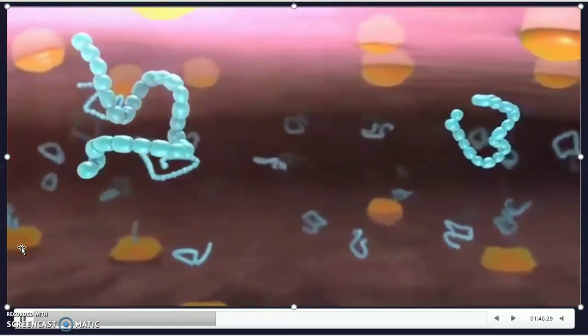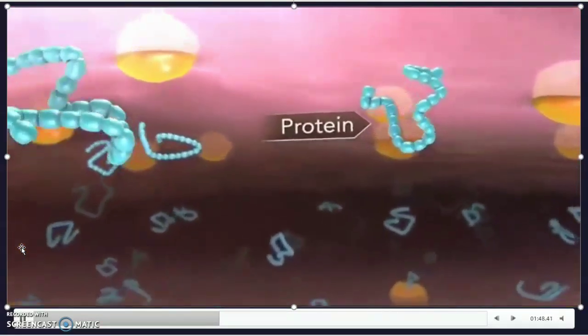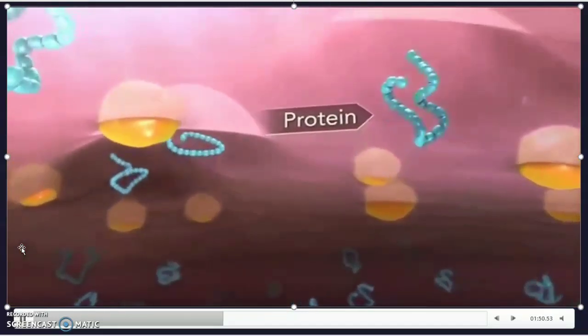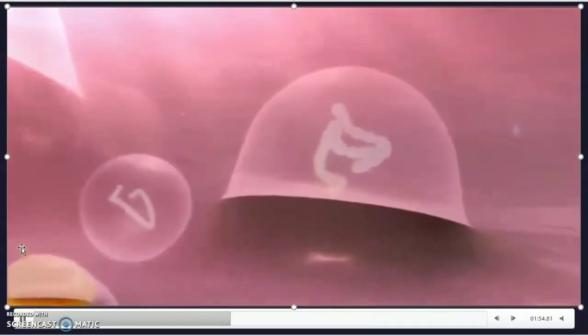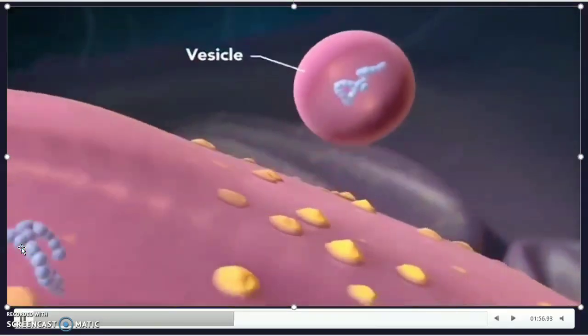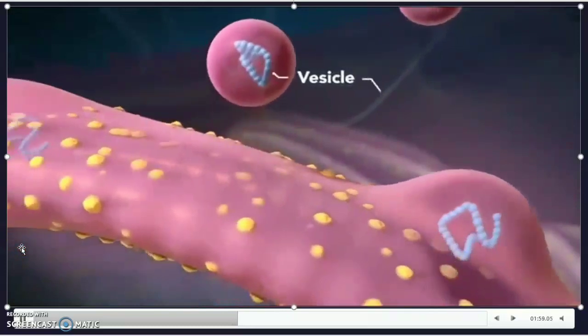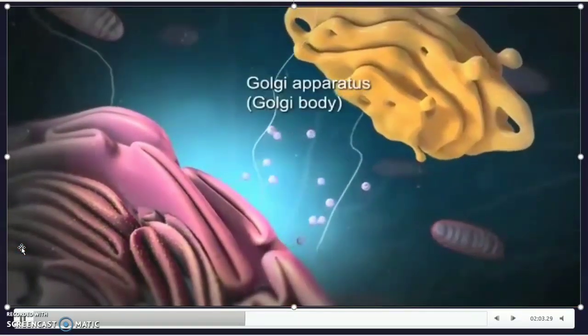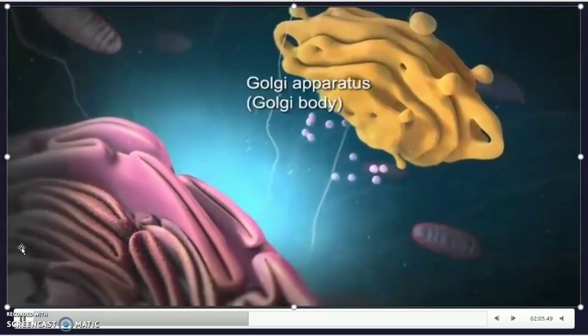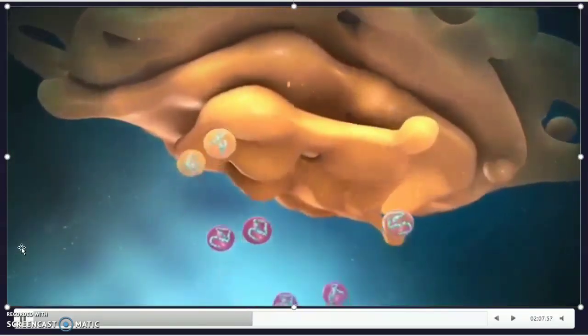The rough endoplasmic reticulum produces proteins because it has the ribosomes. The ribosomes synthesize proteins. They are sent out of the endoplasmic reticulum in the form of vesicles. Those vesicles are absorbed by the Golgi bodies.